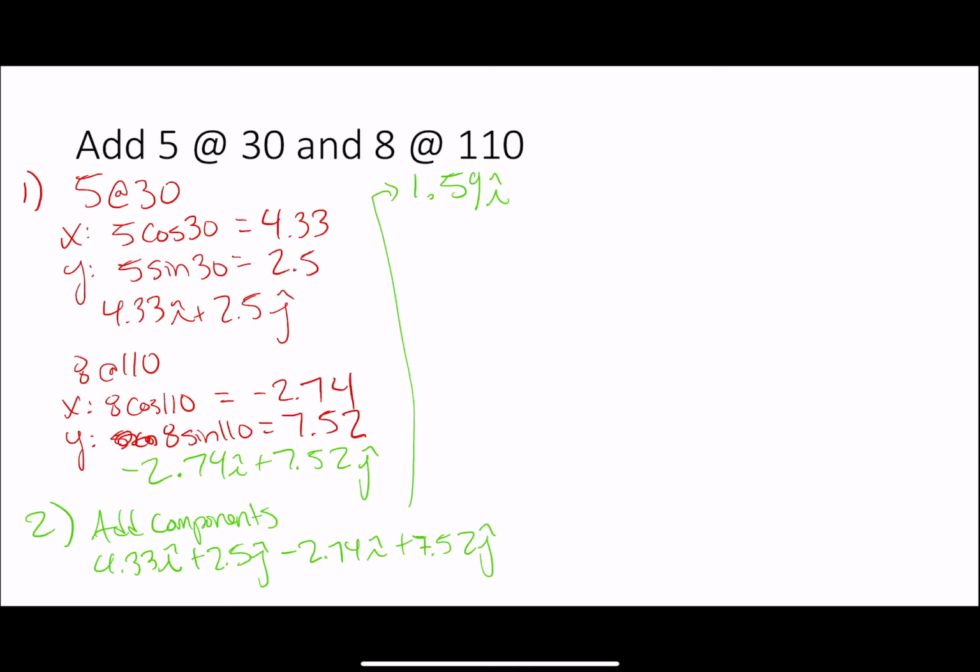Again, I'm rounding on the page, but I'm not rounding in my calculator. I'm using the numbers from before. And then, thankfully, 2.5 was exact, so I'm going to go ahead and type 2.5. And then I'm going to add, and I'm going to go back to that 7.5, highlight it, hit enter, so it brings it down, and hit enter, and get 10.02 j hat.